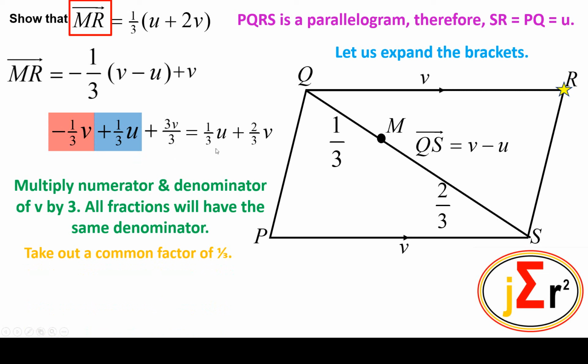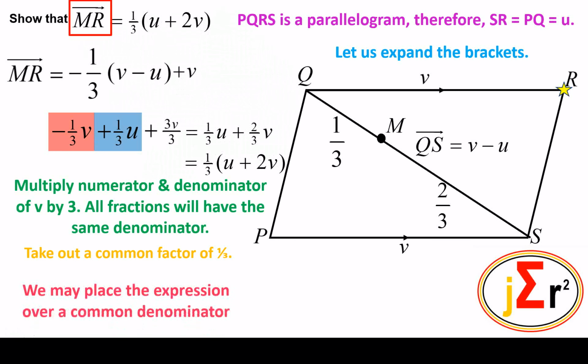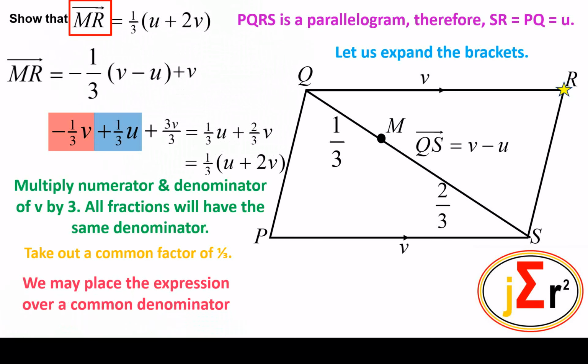We will take out a common factor of 1/3. If we take that out, we will have 1/3 of U plus 2V, which is what we have right there. No doubt about it. Or we may place the expression over a common denominator of 3. Take the expression, express that over 3, all over 3, because the common denominator is 3 already.